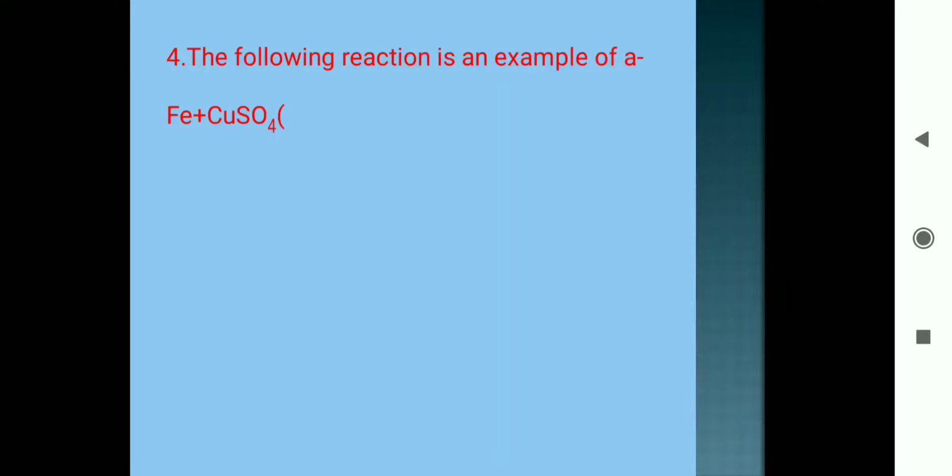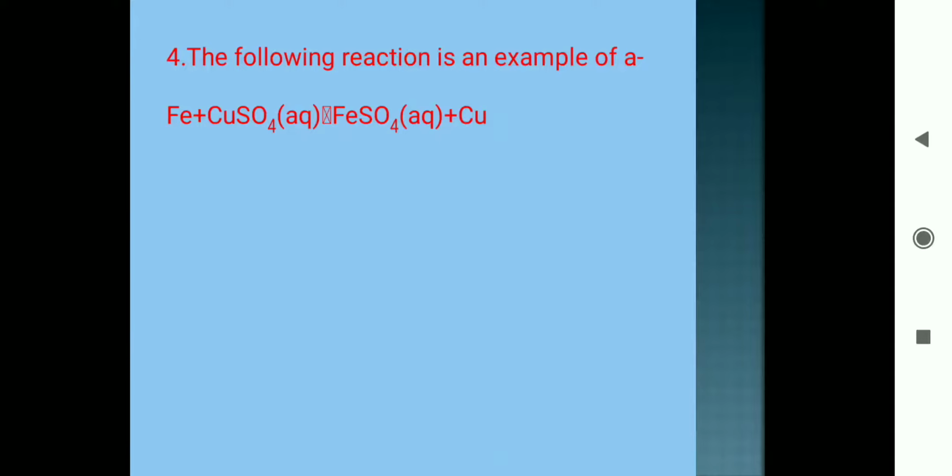Coming to the next question, fourth question. The following reaction is an example of. Here some equation is given. Equation we have to identify. It belongs to which type of reaction?